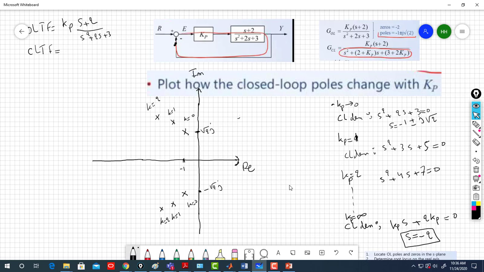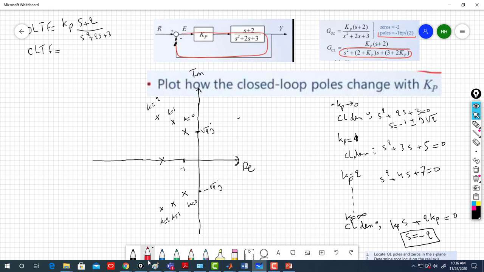So remember, when my gain changes from 0 to infinity, my closed loop pole will tend to minus 2. So then I will go to minus 2, and here will be my pole at infinity. So now I can draw it. But what is the pole at infinity?